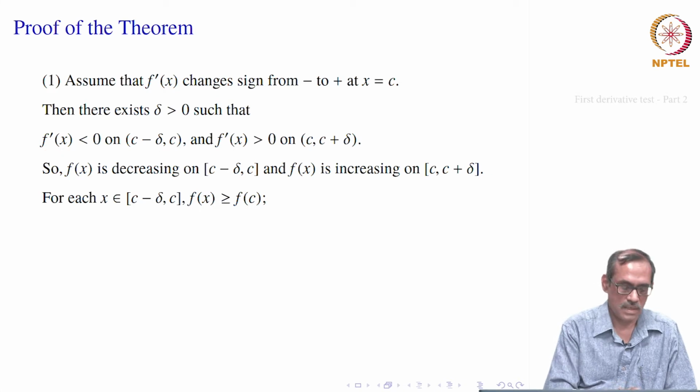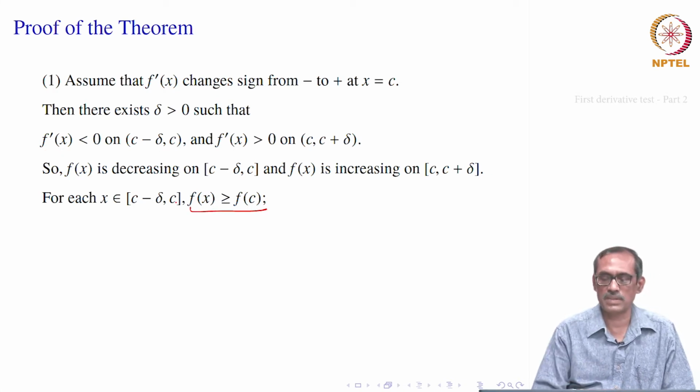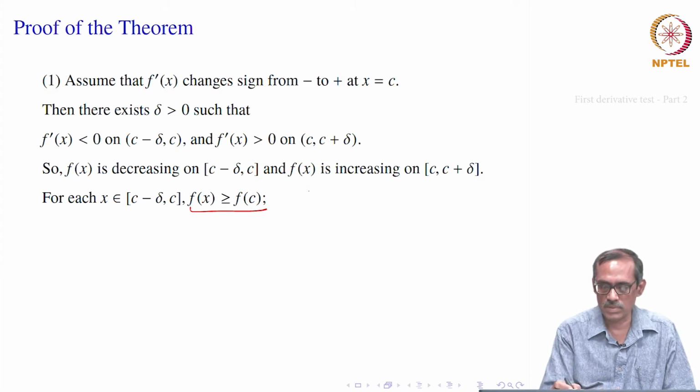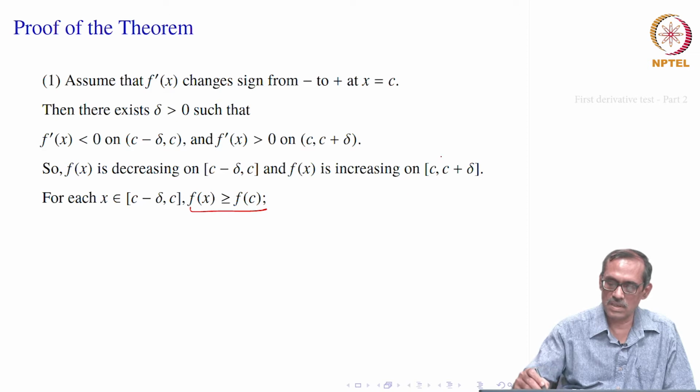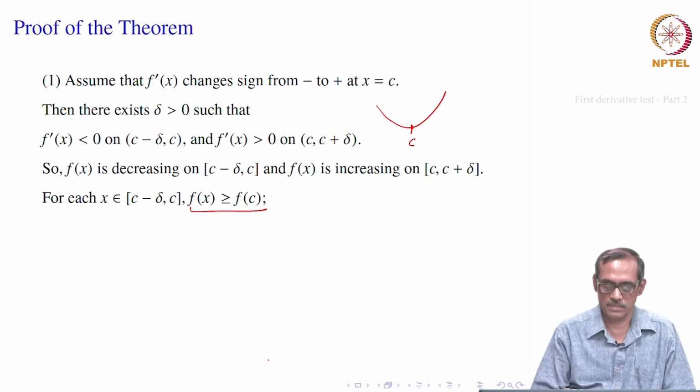That shows that f(x) is greater than or equal to f(c) for every x in c minus delta to c, because it is decreasing to f(c), and then it is increasing after f(c). So it is decreasing and then increasing, and c is there. Now f(x) will be greater than or equal to f(c) for every x.